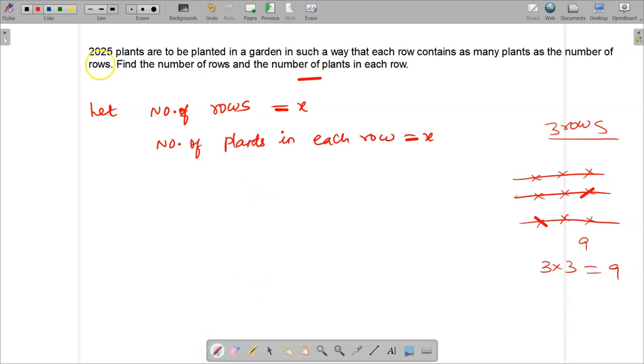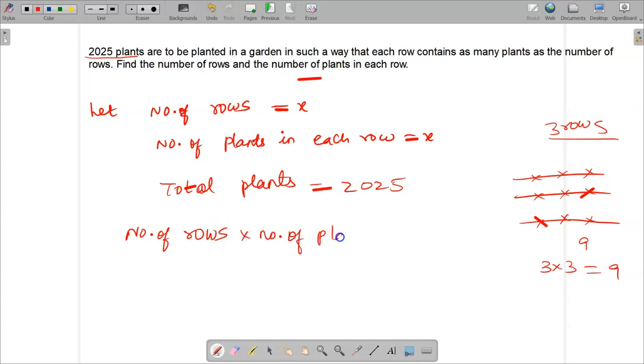The total plants in the problem they have given is 2025. So I can write that the number of rows into the number of plants in each row is equal to the total plants, as in the previous concept.